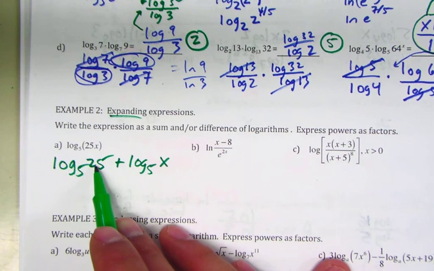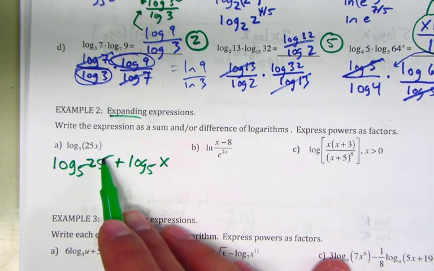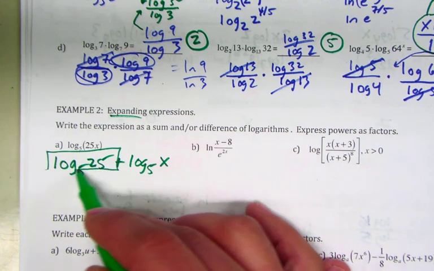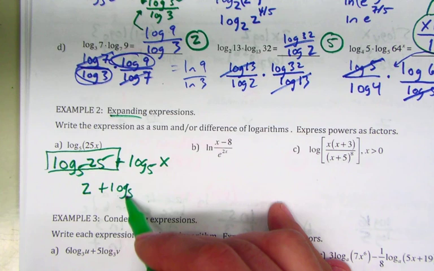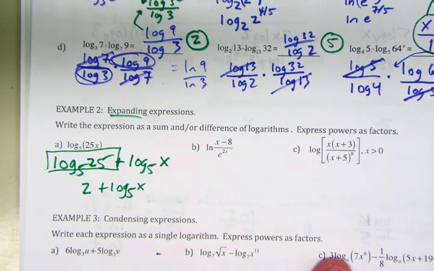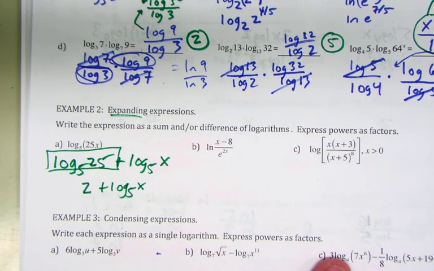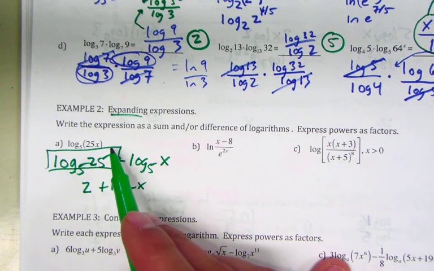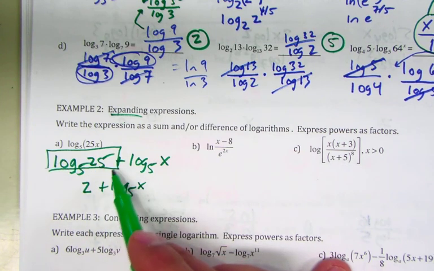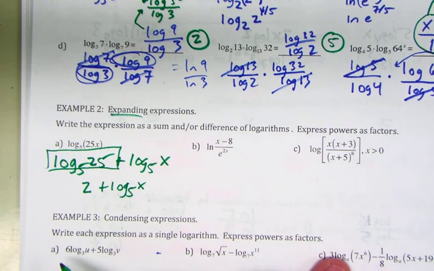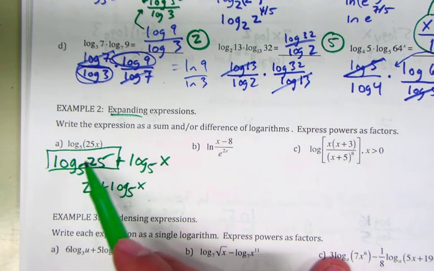So that's really 5 squared, right? So this whole thing is going to become 2. However you want to think about it. If you change this to 5 squared, log base 5 of 5 to the something cancels and you get 2. You could also think 5 to what power is 25? 2, right?